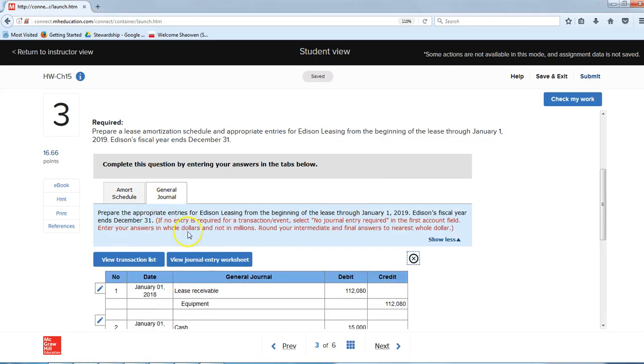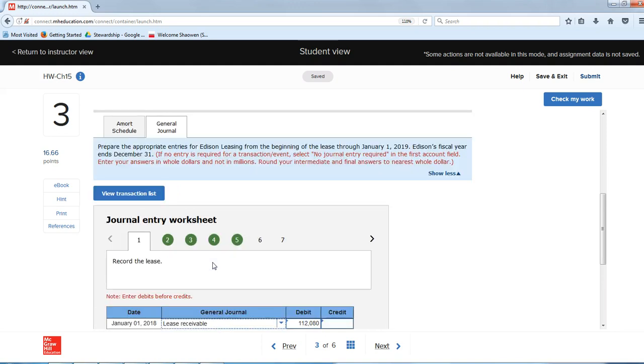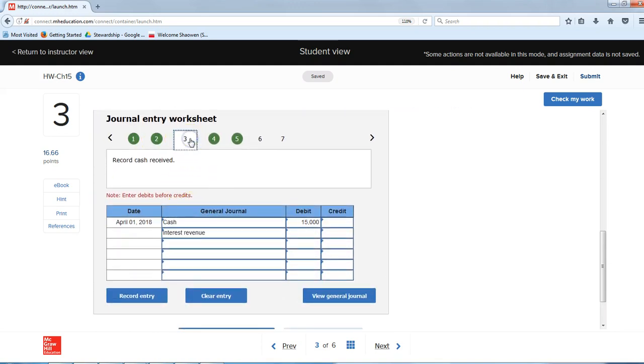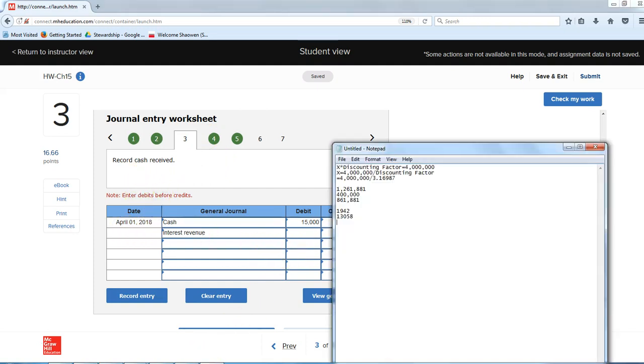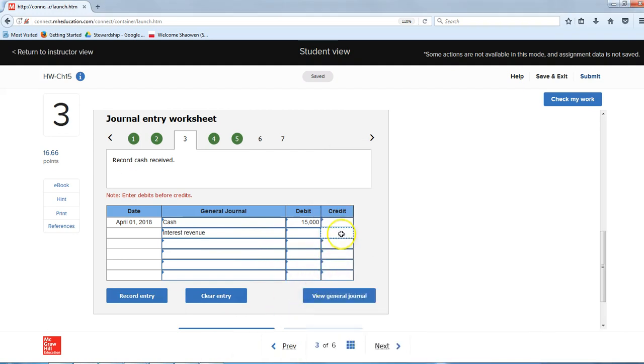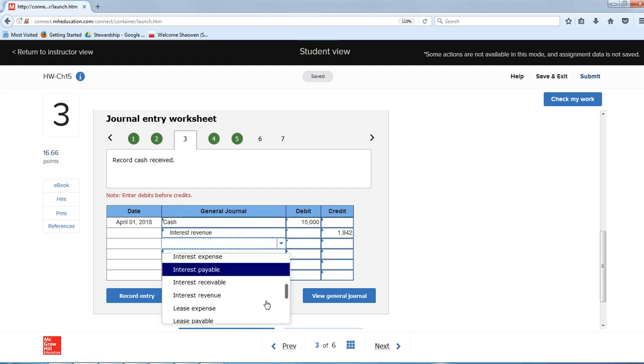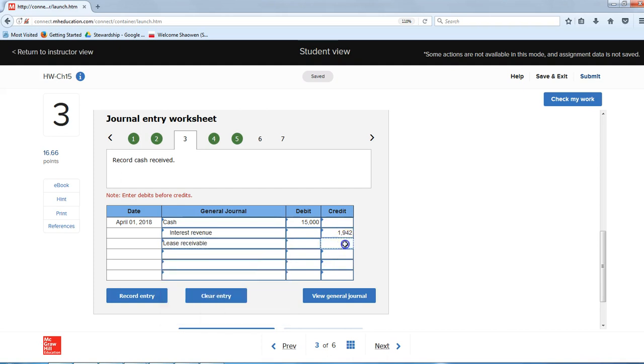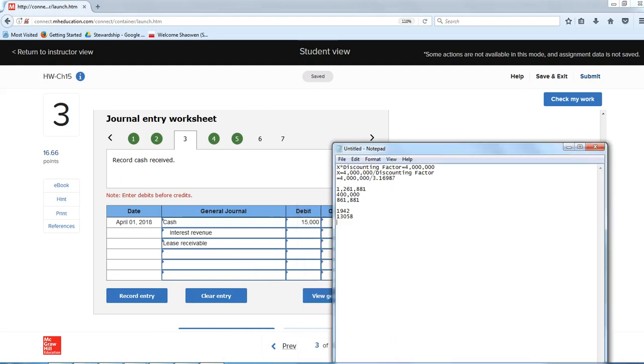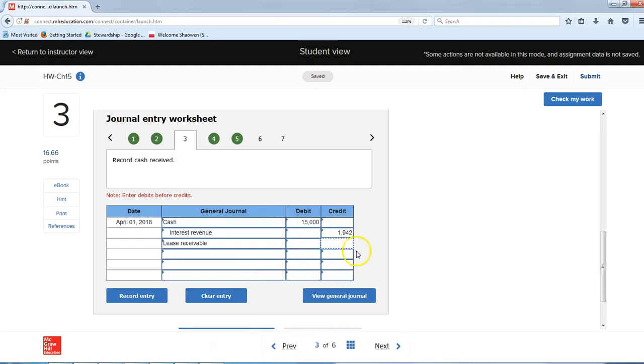So my journal entry for the third one, April 1st, is interest revenue of $1,942 and lease receivable reduced by $13,058.